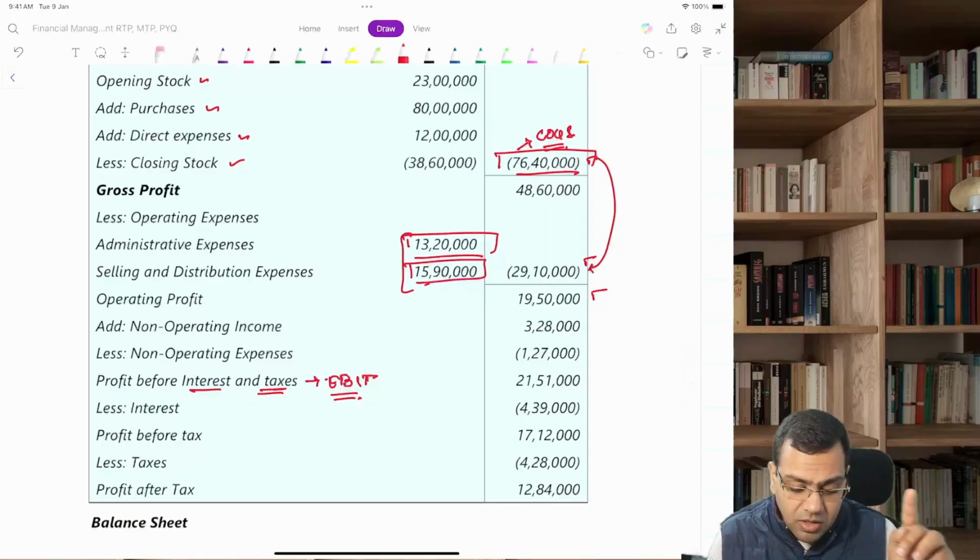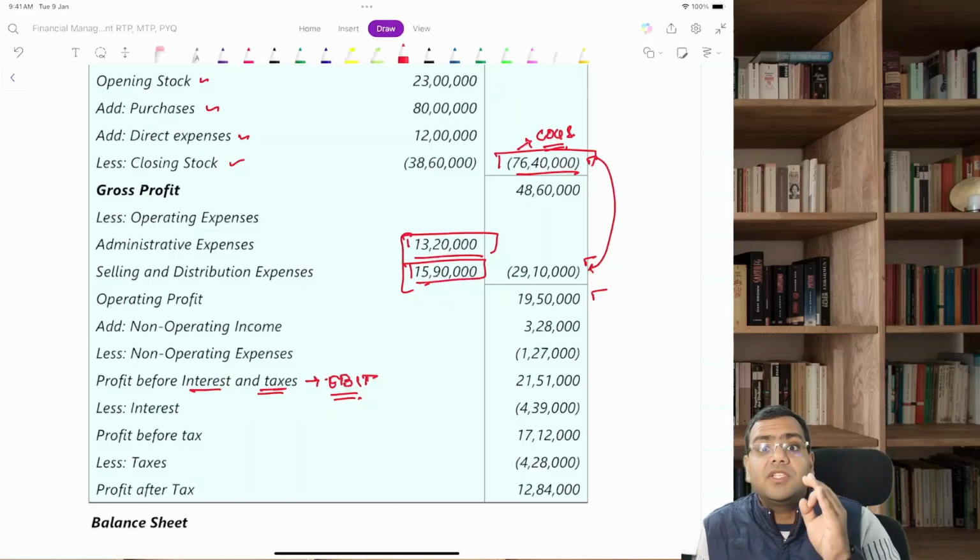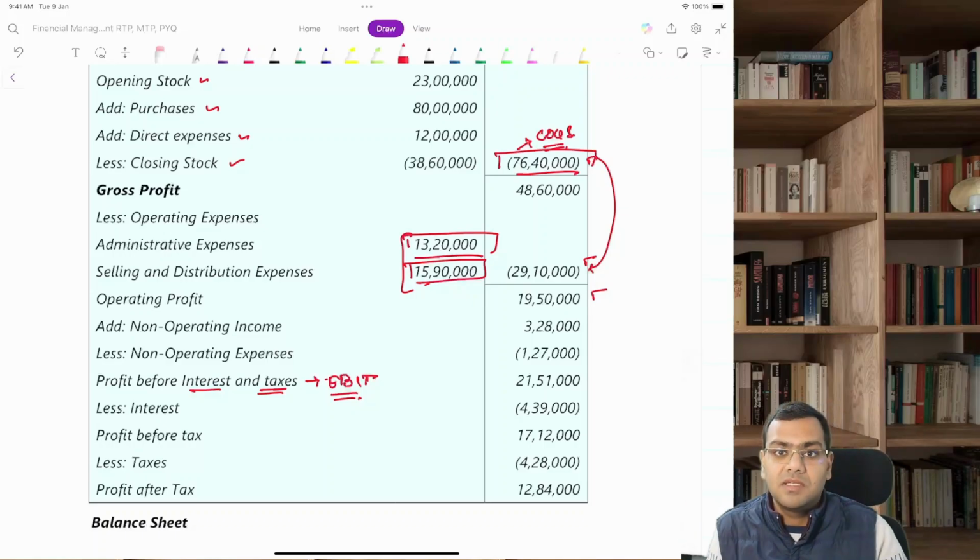Non-operating expenses, non-operating income we will not take. Why, sir? Because that is not related to the operations. What we are saying here is that if you are manufacturing this jacket, to manufacture this jacket, to sell that jacket and earn a revenue, what are the routine business expenses that you will have to incur, right?